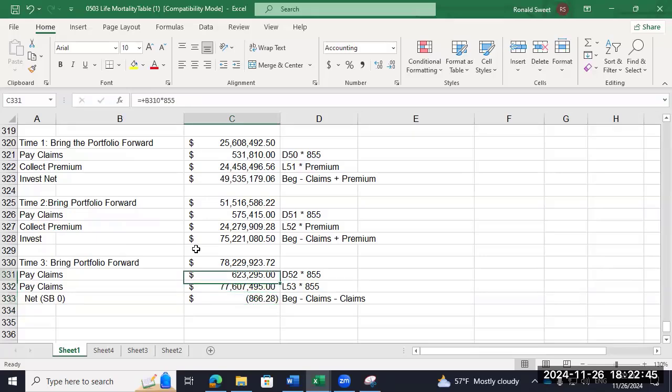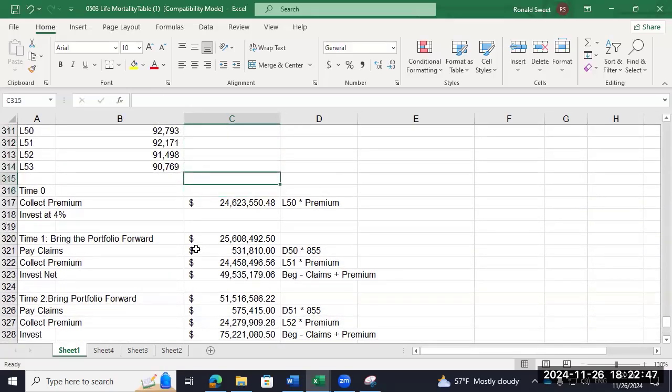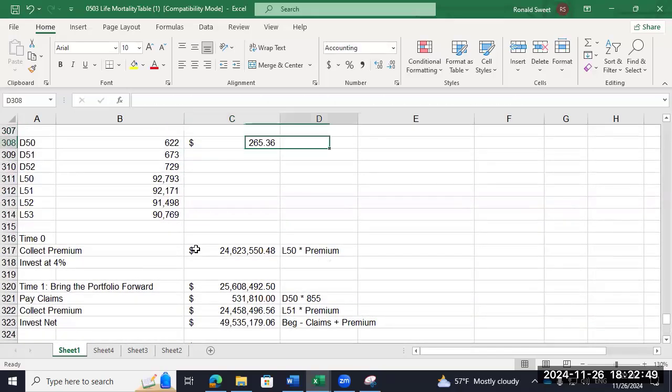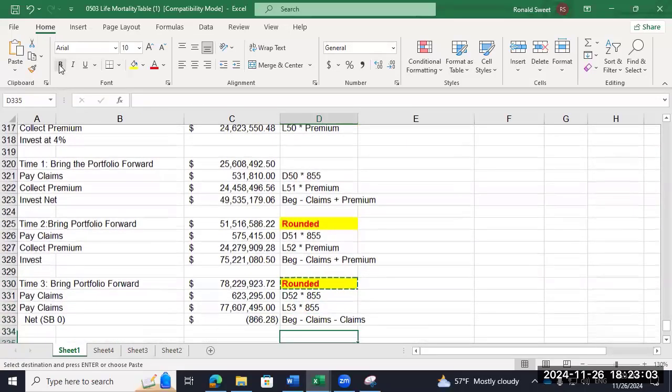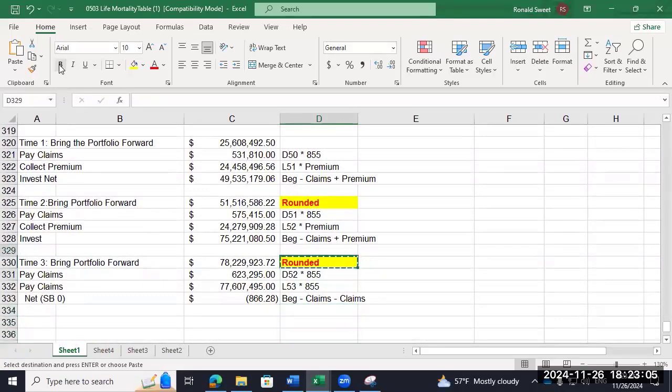All right. So here, I'll notate that I'm rounding, so you'll know why it's not equaling exactly 0. Same thing here, same thing there, and there's one other place.